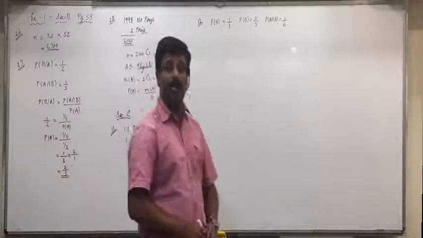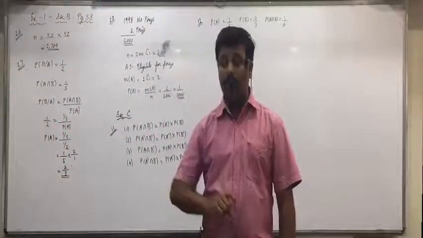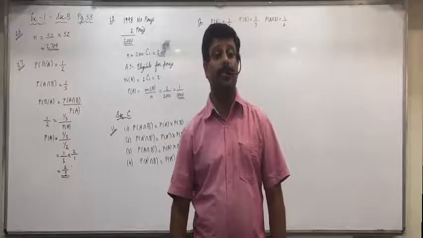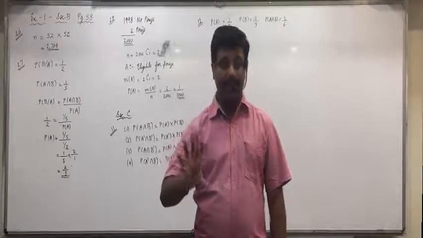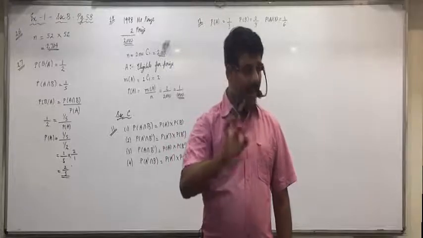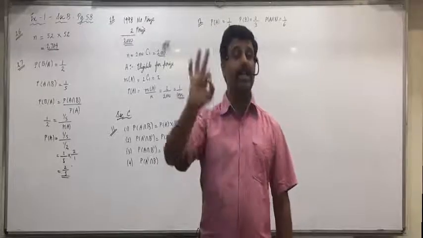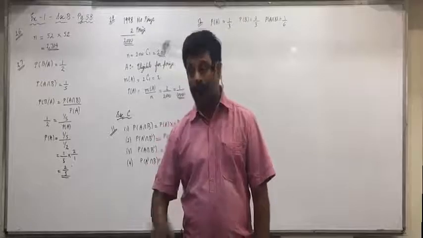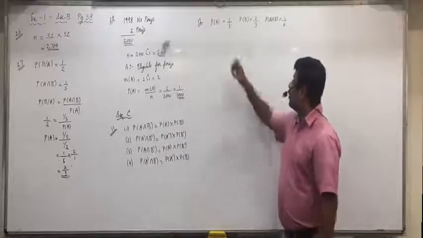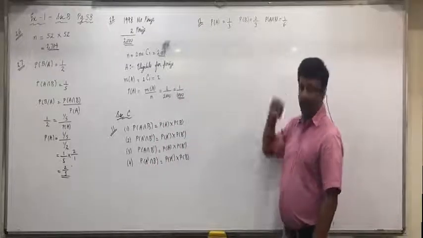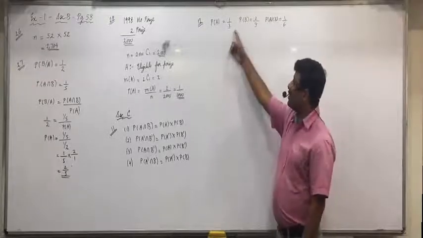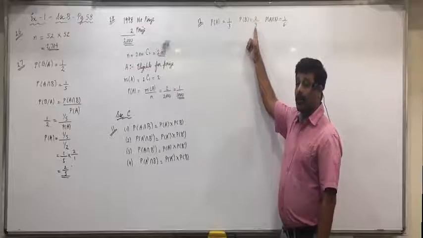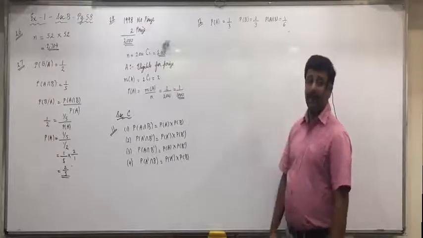Here not, because if they are independent, listen carefully, then what is P(A ∩ B) equal to? P(A) into P(B), cross check. What will be 1 by 3 into 2 by 3? 2 by 9. Is P(A ∩ B) 2 by 9?